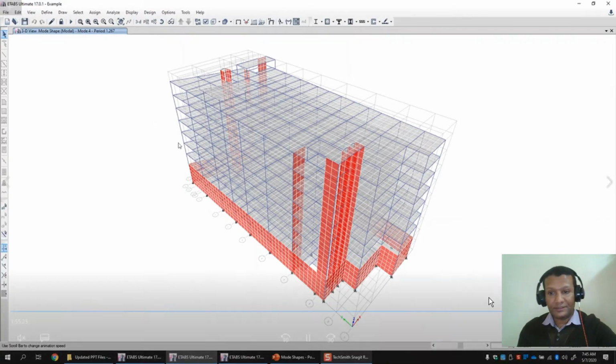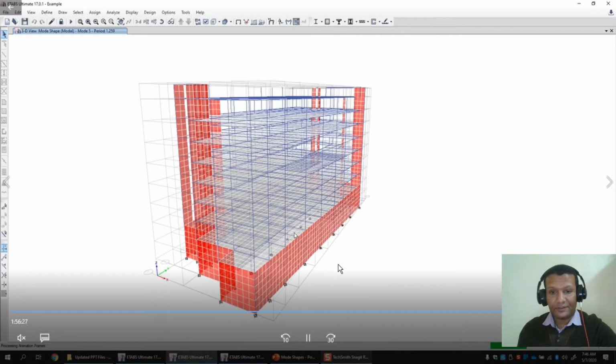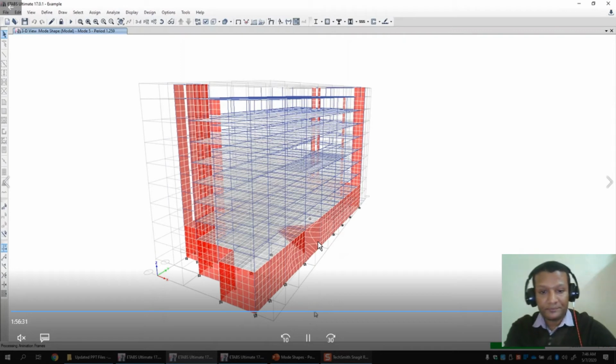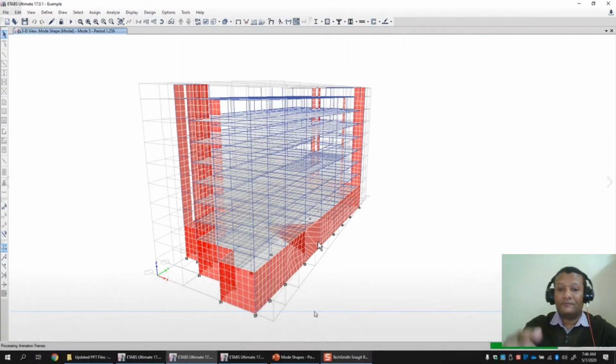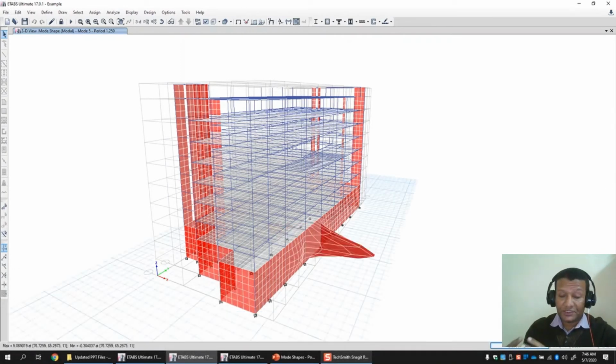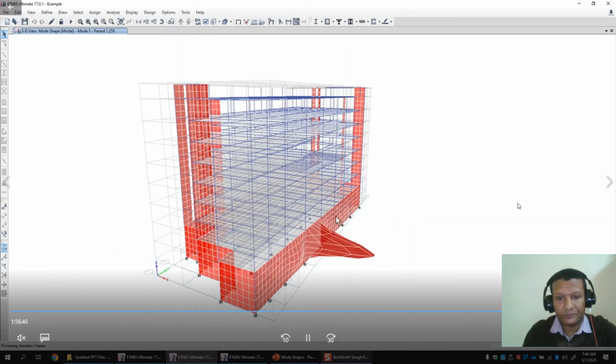When we have a local mode, the mass participation factor will have a problem. Why does this happen? Because of a stiffener or something.